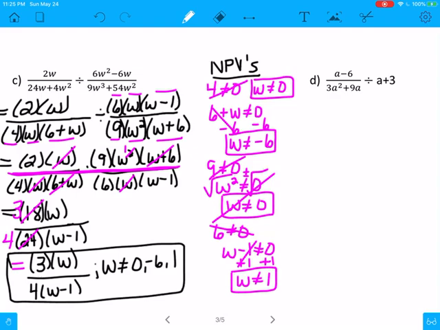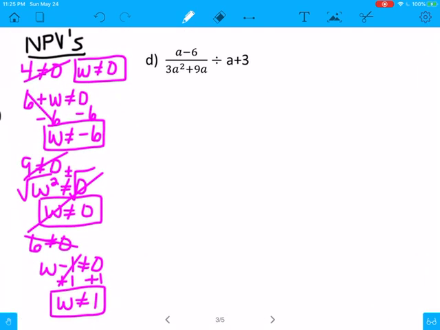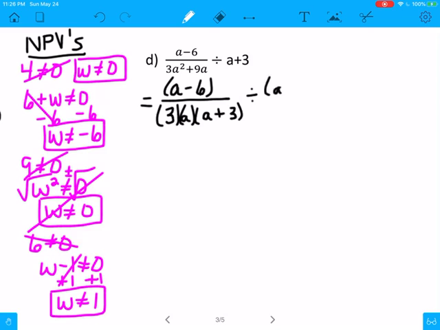Then we go to D. D is a minus 6. Can't do anything to that. The denominator, 3a squared plus 9a, I can take out a 3a. 3a squared divided by 3a is a, plus 9a divided by 3a is 3, negative 3, and an a, divided by a plus 3, and if there isn't a denominator, it's 1.